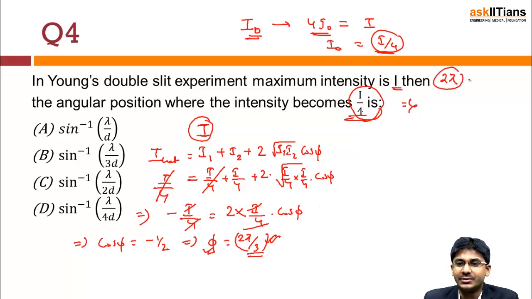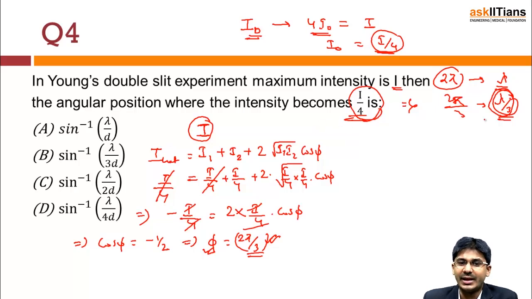If you have a phase difference of 2 pi, it is lambda. So if you have a phase difference of 2 pi by 3, what will be the path difference? It will be lambda by 3. That means the path difference is lambda by 3.